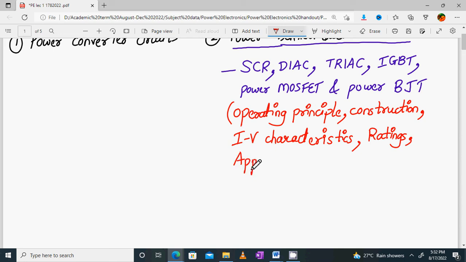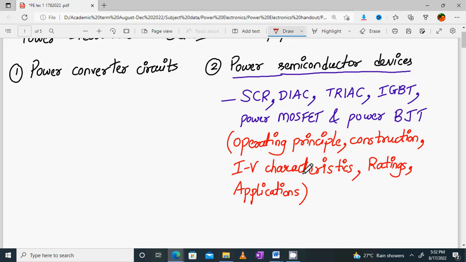Each of them has a unique set of applications wherein they will be useful. Okay, fine. So this was about power semiconductor devices.